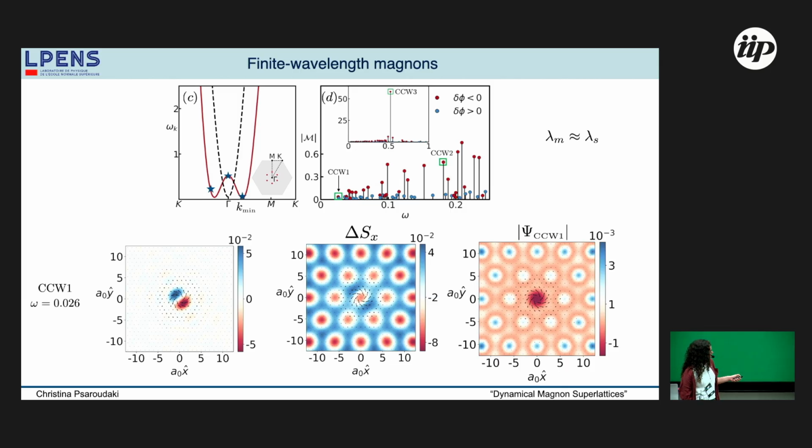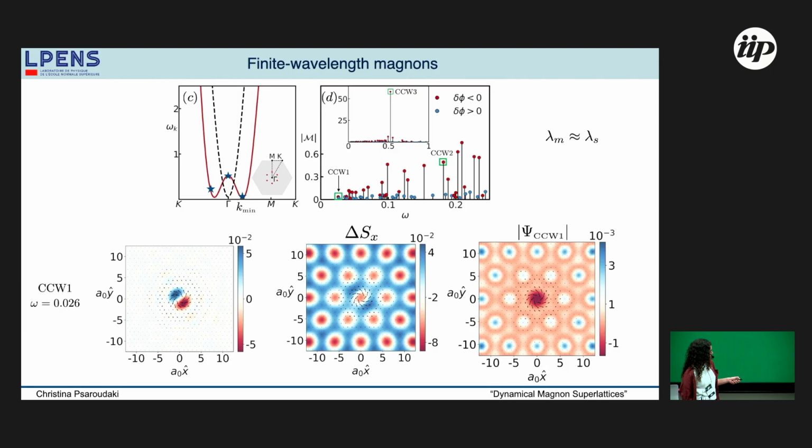But what was interesting to us is that we have all this extended magnon lattice, and we didn't really know what's going on here. So we have a lattice here where magnons become localized. Then we checked what happens to the magnon wave function, and something similar happens.